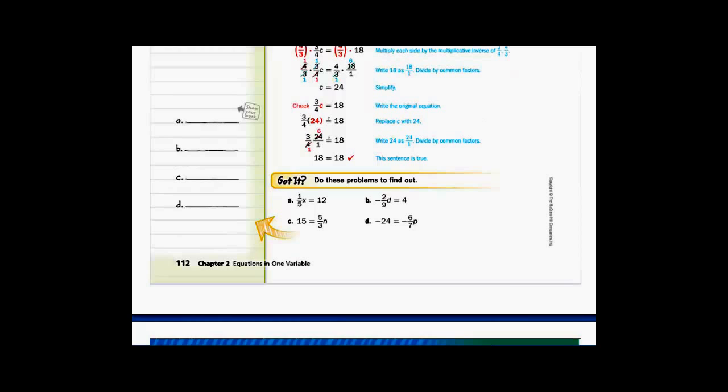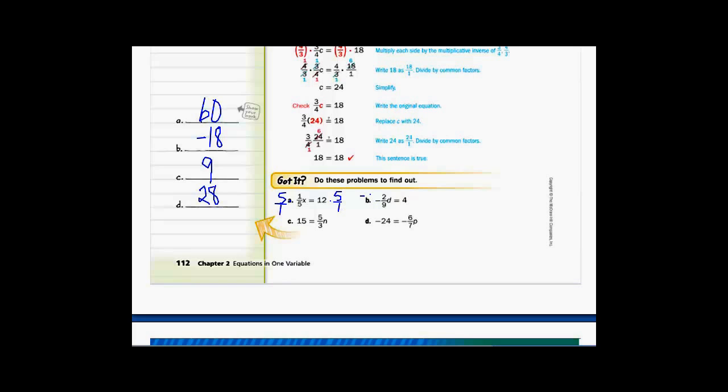All right, so your answers for A is 60, B, -18, C, 9, and D, 28. So the process that went with them, I would multiply both sides by 5/1.